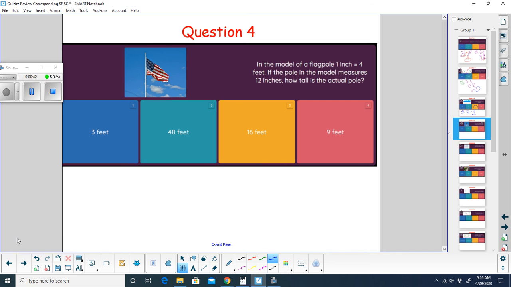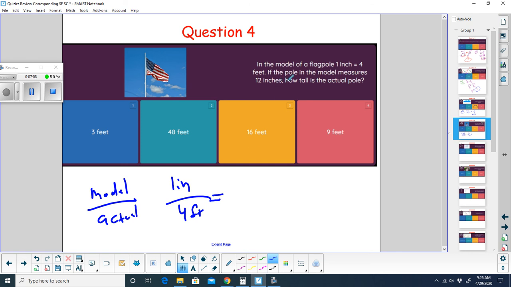In the model of a flagpole, 1 inch equals 4 feet. If the pole in the model measures 12 inches, how tall is the actual? So once again, this is a model to actual comparison. We know that 1 inch in the model corresponds with 4 feet in the actual, right?